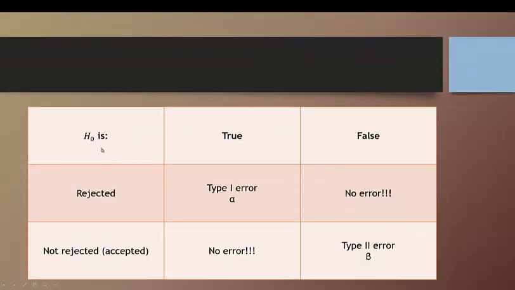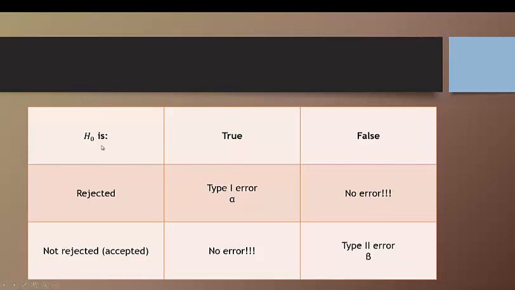If our null hypothesis is true, and instead of accepting it, we reject it, we've committed a type 1 error, which means our alpha is too high, and it may cost us some money. If our null hypothesis is false, and we reject it, then we have committed no error.